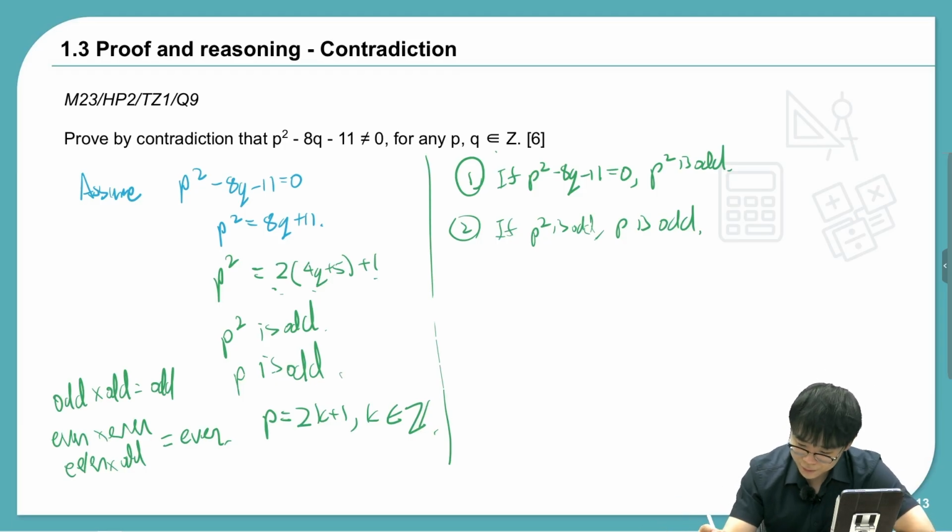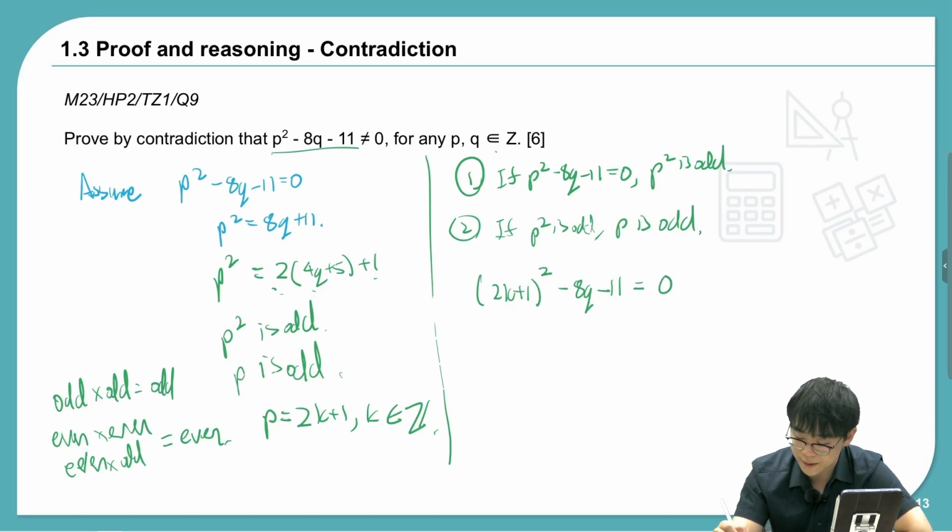Okay, so let's try to show that P squared minus 8Q minus 11 is indeed 0. So we'd have 2K plus 1 squared minus 8Q minus 11. We're going to try and say that it's 0, so we want to contradict this statement.